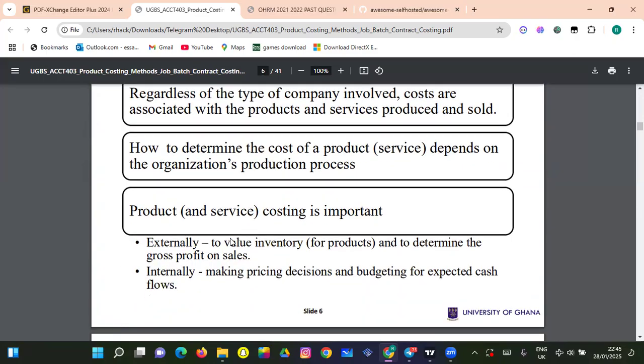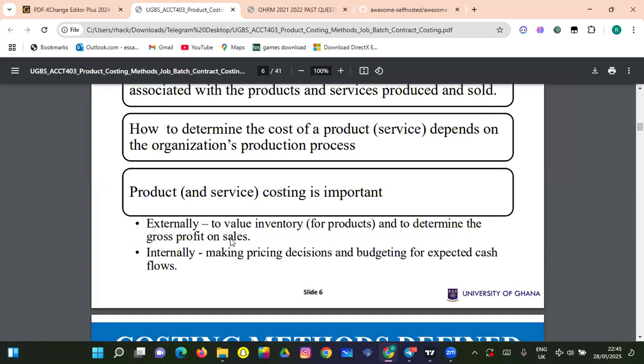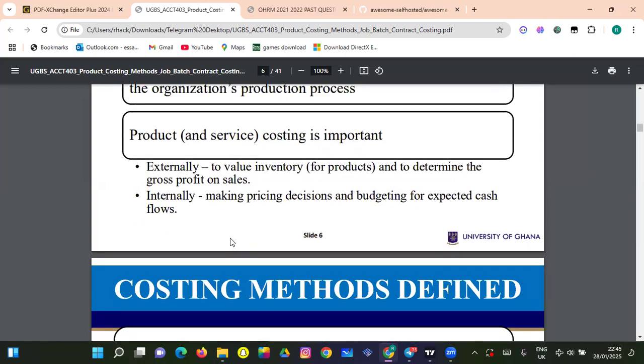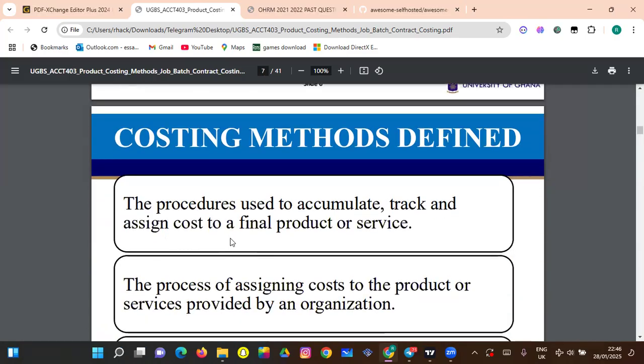So product and service costing is very important. It can be used externally, that is when we want to value inventory of products and to determine the gross profit on sales, or internally when we want to make pricing decisions and budgeting for expected cash flows.